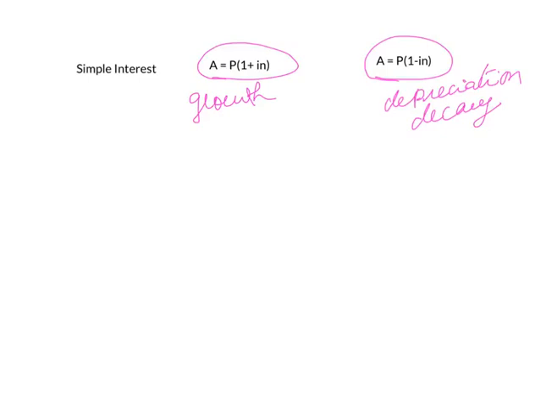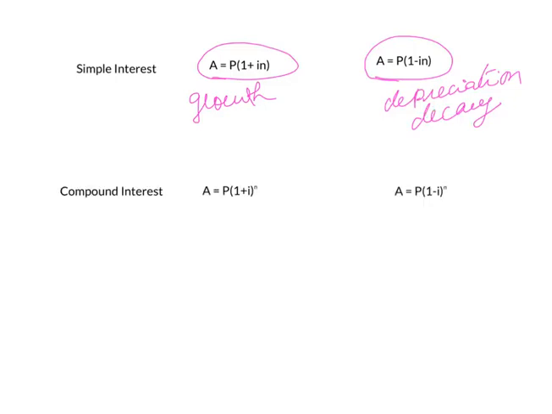Mathematically we prefer to use the word decay, but since we are dealing with finance, we use the word depreciation, which is a more technical financial term. We still call growth growth, and in finance we also call it interest, implying growth. But in mathematics, interest can be depreciation as well as appreciation. So 1 plus is growth, 1 minus is depreciation.